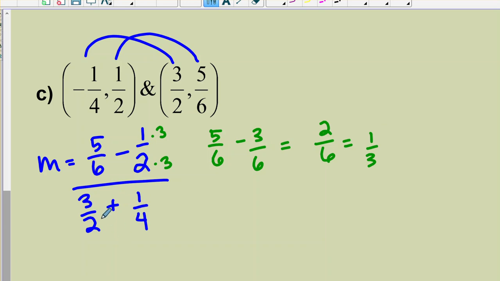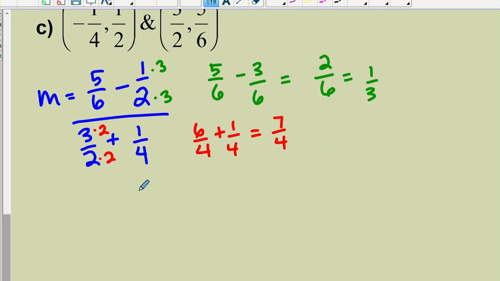In the denominator, I'm going to get a common denominator of 4. So that'll change to 6/4 plus 1/4, which gives me 7/4. So I now have 1/3 divided by 7/4.